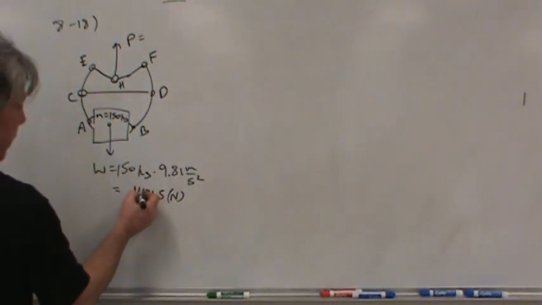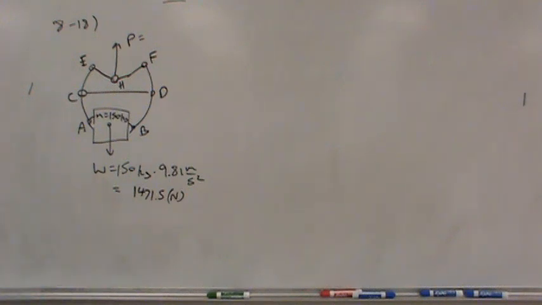How come sometimes we have to multiply what's given by the acceleration of gravity and sometimes we don't? Depends on what it's given as. If mass is given, you must multiply by G, right? Now, let's just pause for a moment because I know this is actually metric. Let's just pretend that they gave us 150 pounds mass. Once you multiply it by G, the acceleration of gravity, which is 32.2 feet per second squared, what do you get?